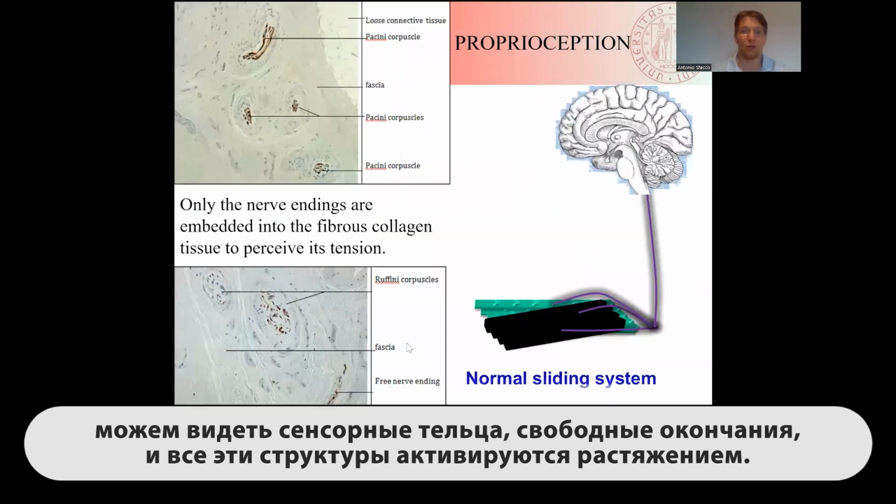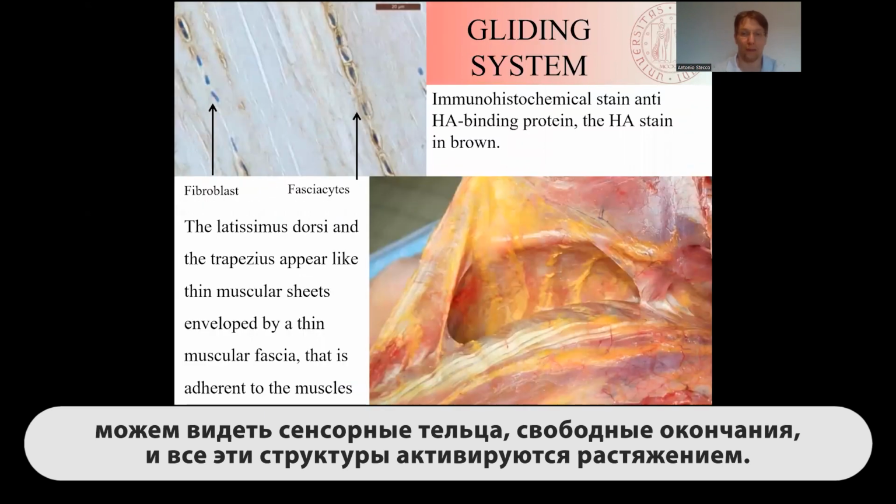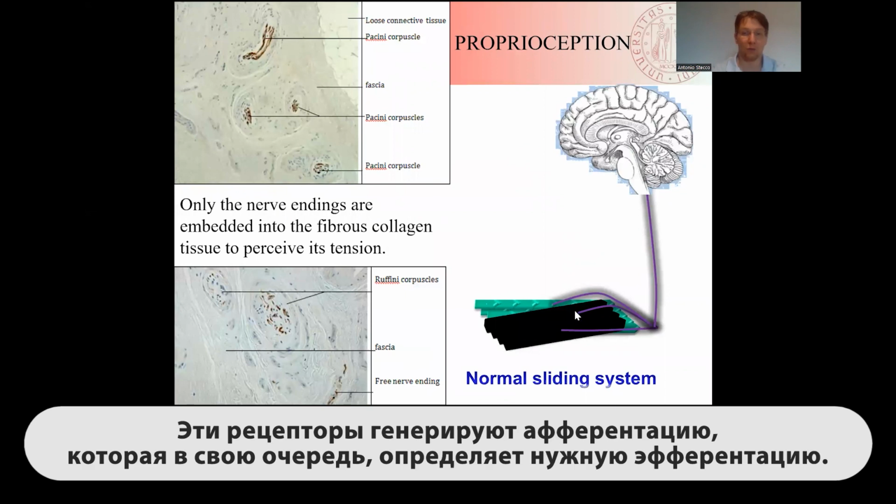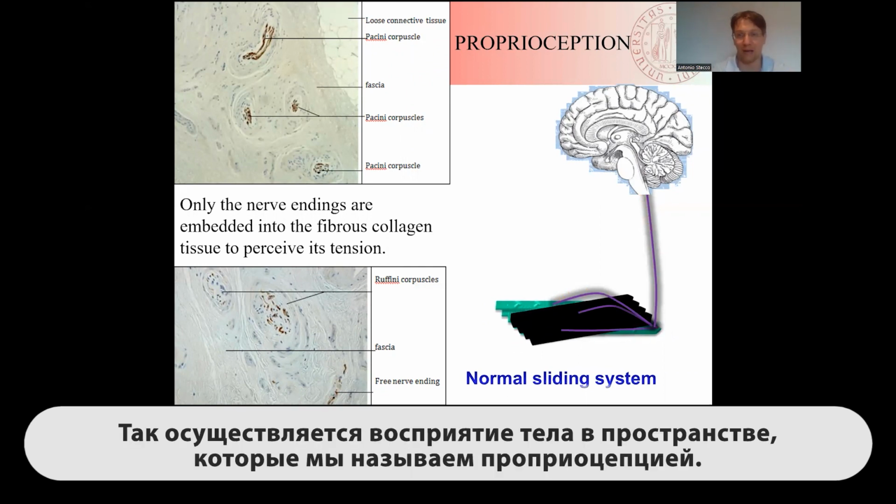All these structures are activated by stretching of the connective tissue. Then these structures generate a kind of afference, and this afference generates the perception of the body in space that we call proprioception.